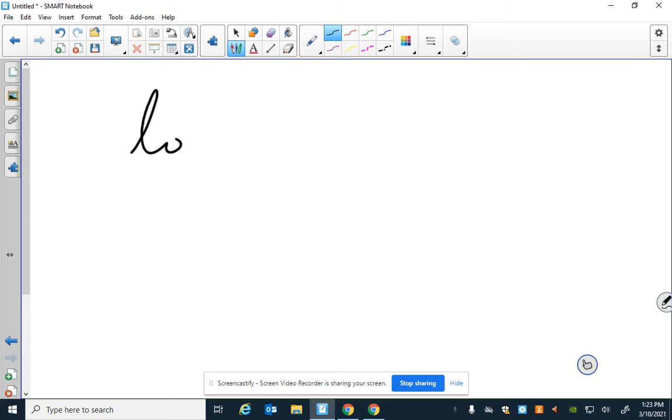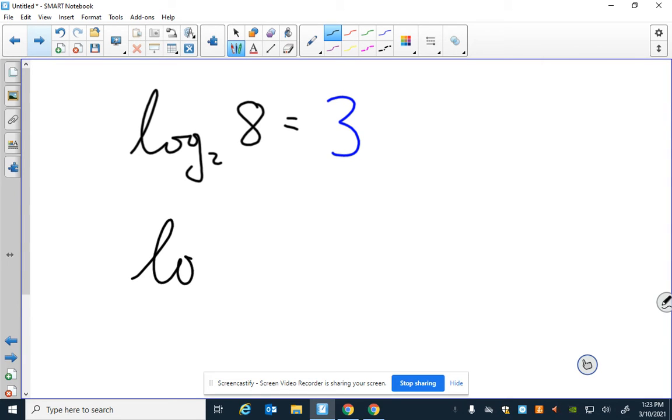I know you're always thinking it's 2. Log base 2 of 8, though, that's 3. So now it's your turn. Log base 2 of 32 is equal to what? So hopefully you threw log base 2 of 32 in a calculator.